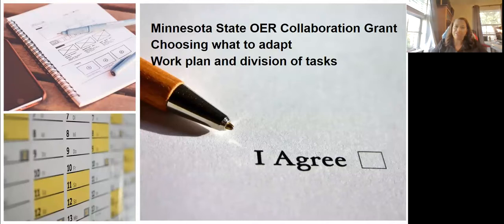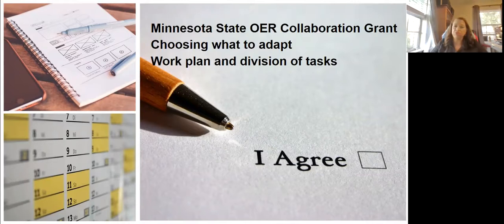Not an easy task. And one major tip I can give you is that you may plan out a timetable for X amount of time, could be the academic year, could be the summer. You'll need more time. We also benefited from receiving individual grants from the Minnesota State OER collaboration. That was of great assistance.